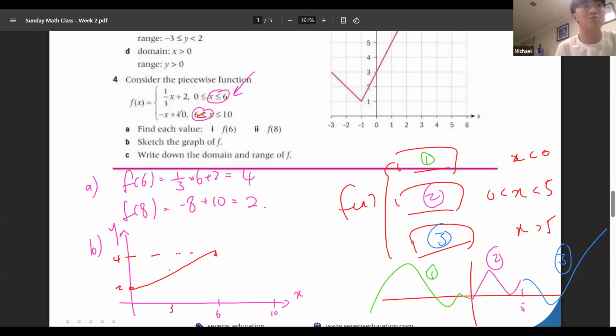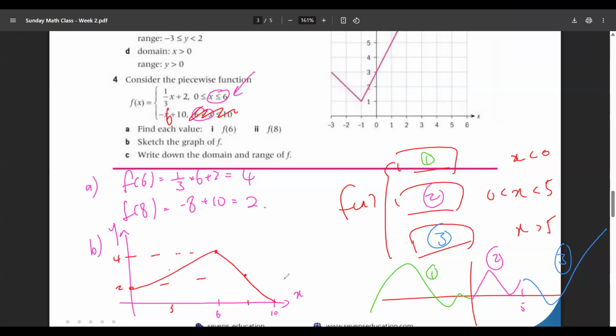Although this is greater than 6, if we put 6 in, it gets to about 4 as well, right? Because we're just looking at this line itself, it doesn't matter. We're just trying to get the shape done and then cut it. So we can plug 6 in there and we get 4. So this is a point, and 8 and 2 is also a point, and obviously 10 and 0 is a point, right?